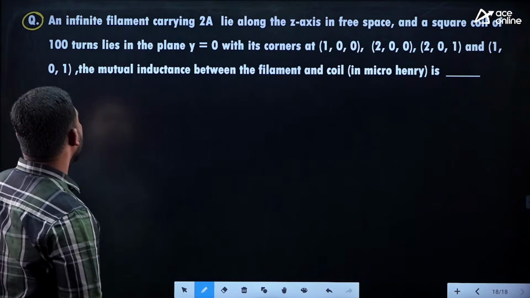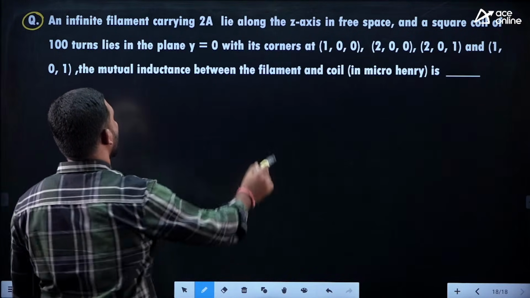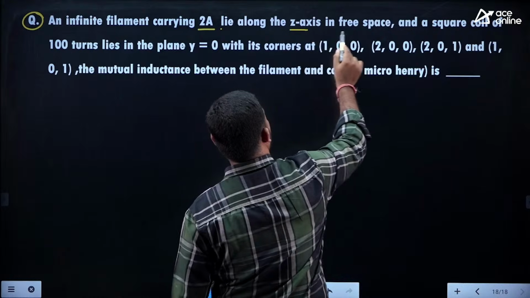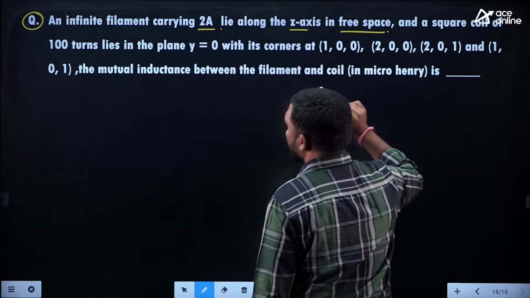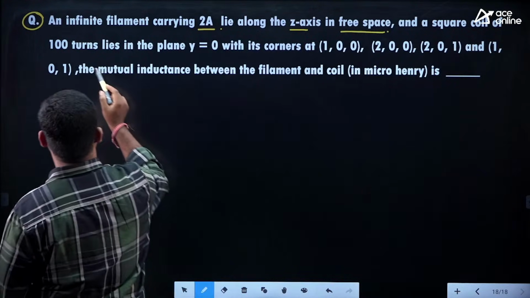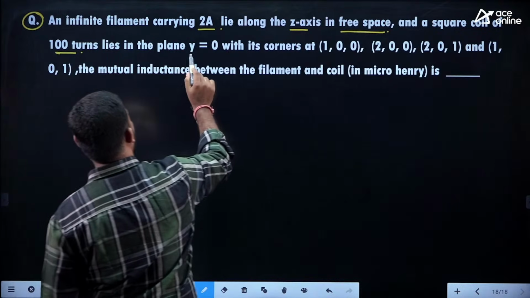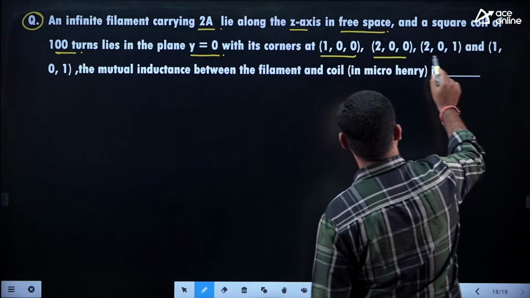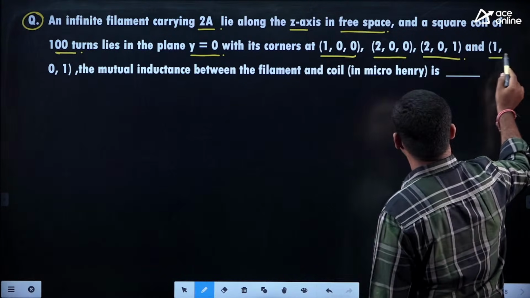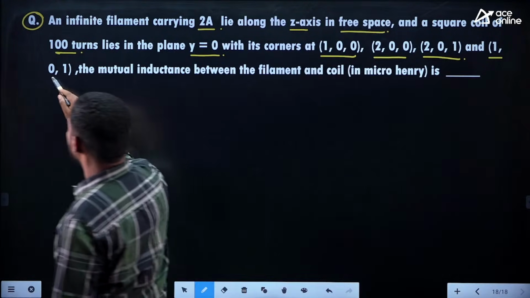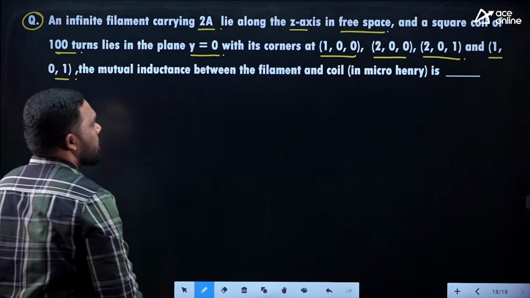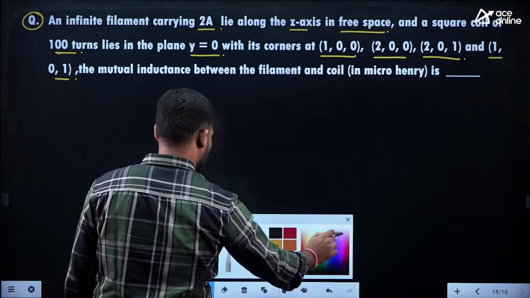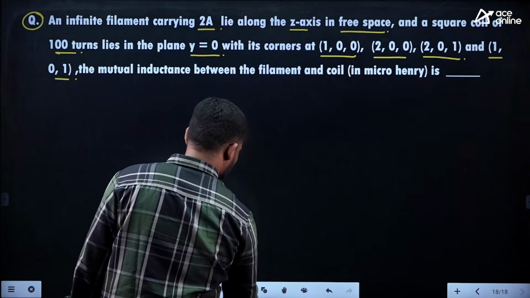An infinite filament carrying 2 amperes lies along the positive z axis in free space, and a square coil of 100 turns lies in the y equal to 0 plane with its corners at 1 comma 0 comma 0, 2 comma 0 comma 0, 2 comma 0 comma 1, 1 comma 0 comma 1. The mutual inductance between the filament and the coil in microhenry is something interesting. Okay, done. So let us try to solve this one.